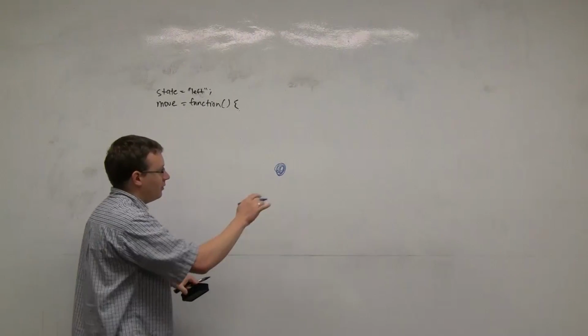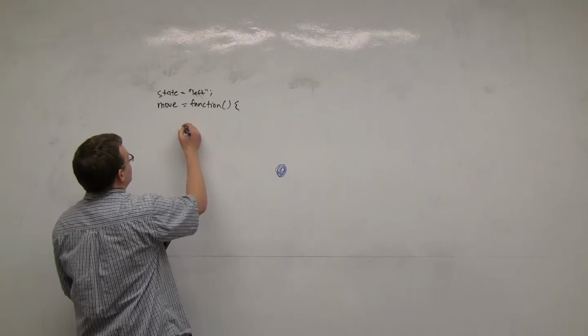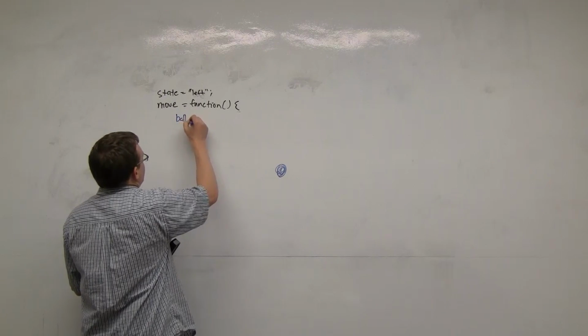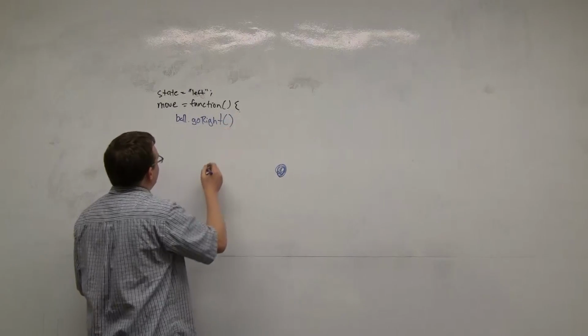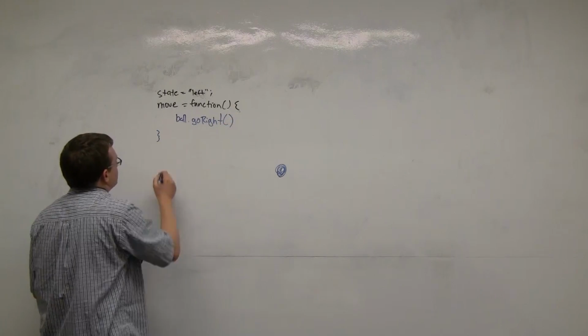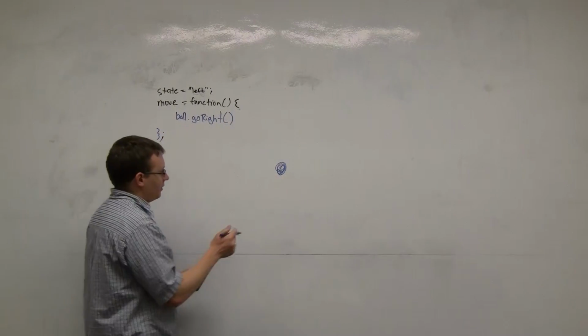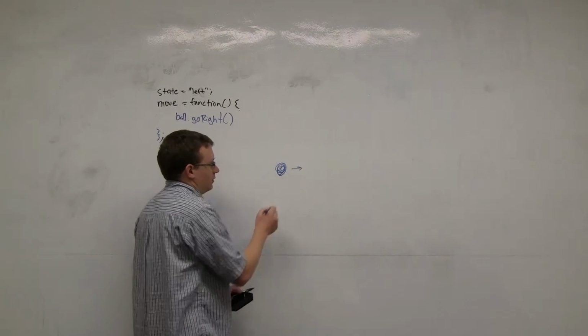So the ball's over here. I want it to move over there, and so now we'll say ball dot go right. And then the ball is going to start heading that way.